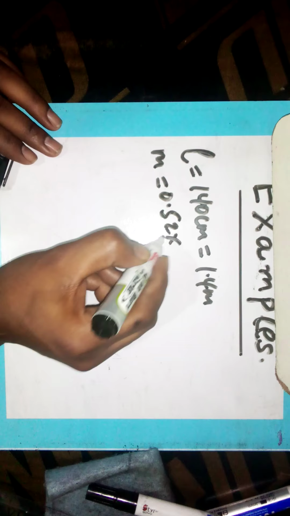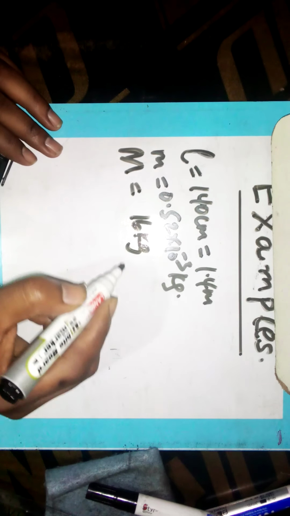The mass m equals 0.52 times 10 power negative 3 kilogram. The load M capital is 16 kilogram. Calculate the frequency of the fundamental, F naught.